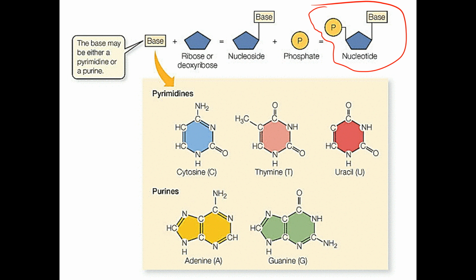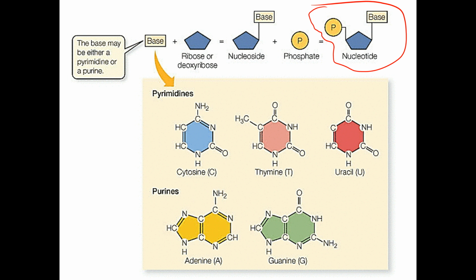You have a phosphate group. You have a pentose sugar. In terms of the pentose sugar, for DNA nucleotides you have deoxyribose, and for RNA nucleotides you have the sugar ribose.